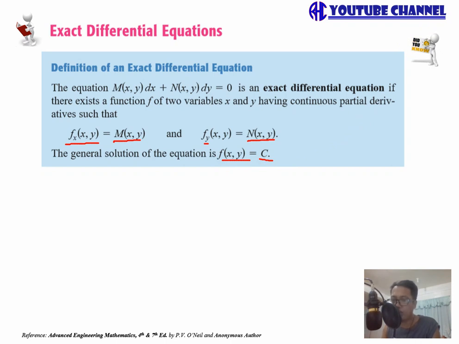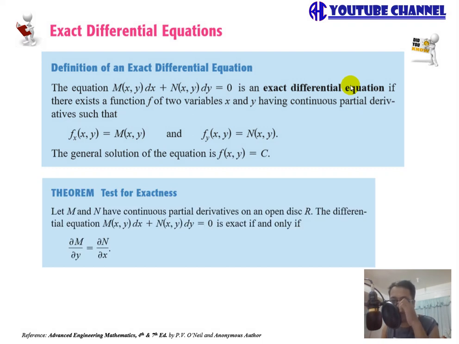So how do we determine or check if the differential equation is exact or not? We have steps for that. Based on our theorem, let M and N have continuous partial derivatives on an open set R. The differential equation M of x and y times dx plus N of x and y times dy equals 0 is exact if and only if it satisfies this equation.